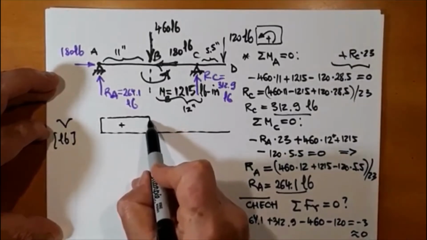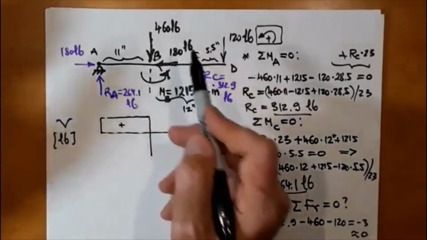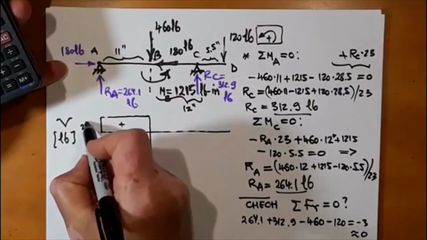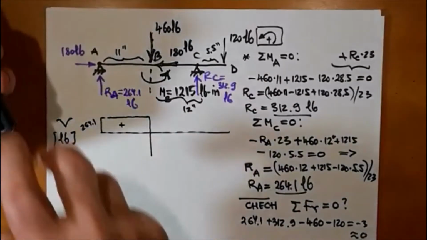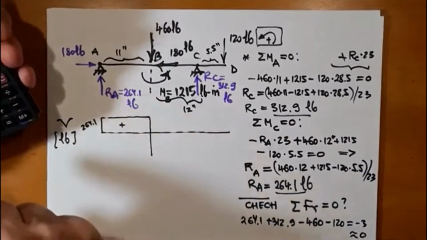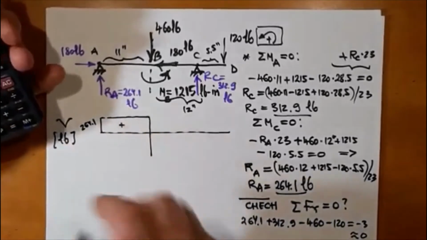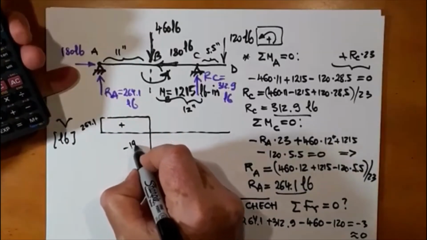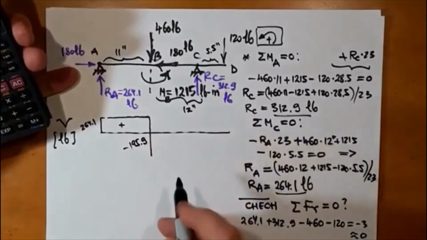I have a drop by 460, so from 264.1 minus 460, I go to negative 195.9.